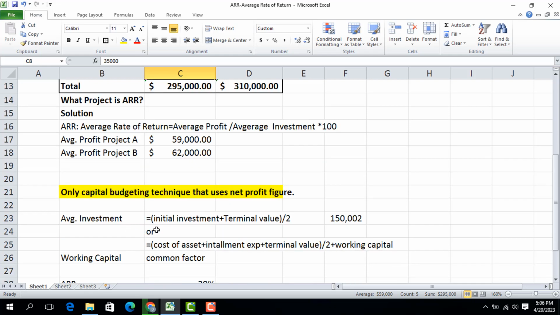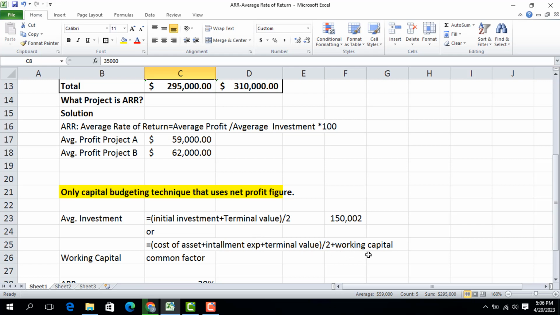Now average investment is equal to initial investment plus terminal value divided by 2, or cost of asset plus installation expense plus terminal value divided by 2, plus working capital. Why have I separated working capital from the rest of the formula and not divided it by 2?